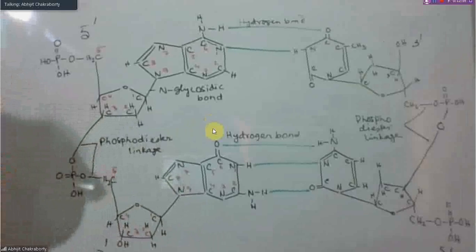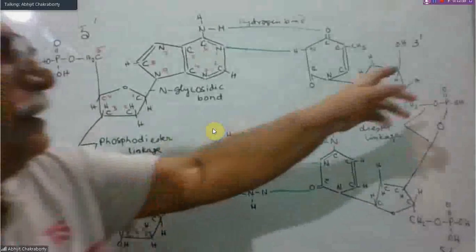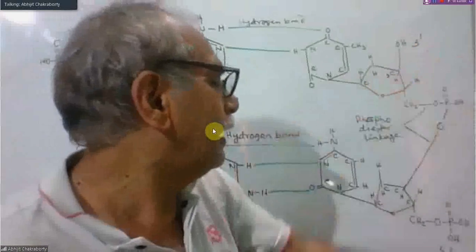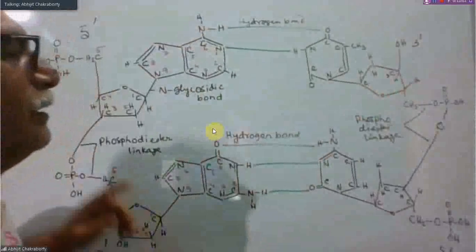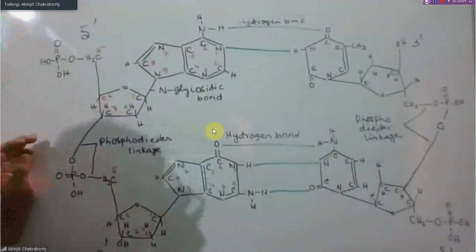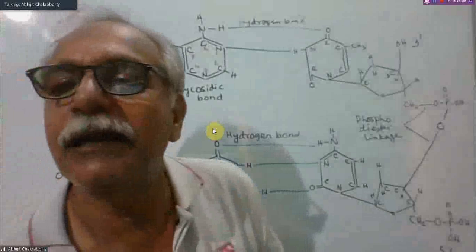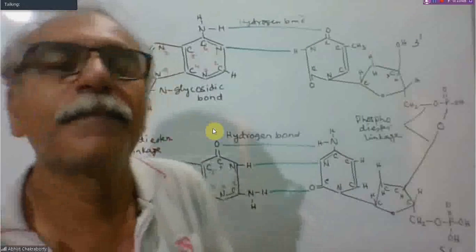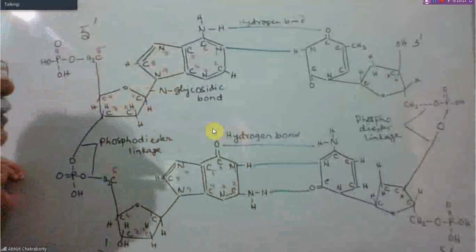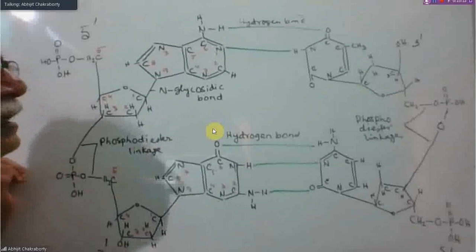So it is the 3 prime. So other strand, here you will get the 3 prime and here 5 prime. It means that two strands of DNA are actually anti-parallel. Two strands of DNA are found anti-parallel.